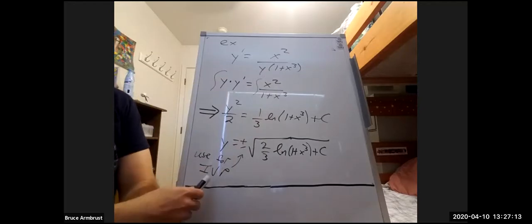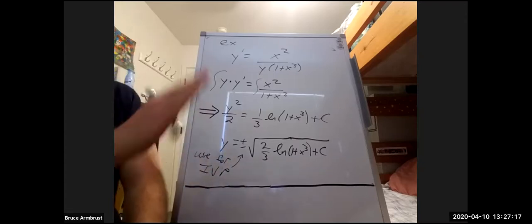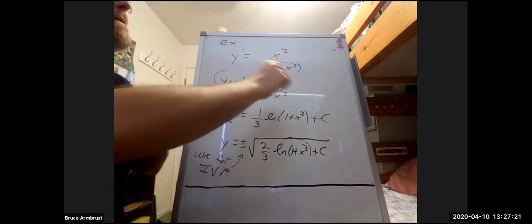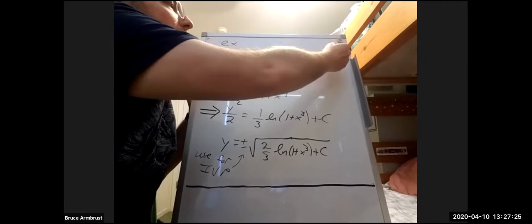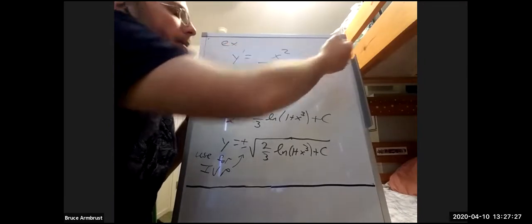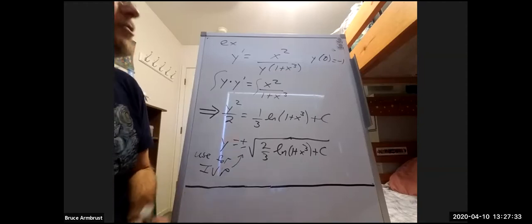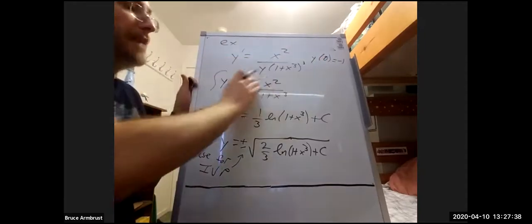If we had an initial value problem, and in fact, let me give you one. Let's turn this into an initial value problem. We're going to have the same differential equation, but this time, let's have an initial value of y of 0 equals -1. To solve this initial value problem, we would do exactly what we did.